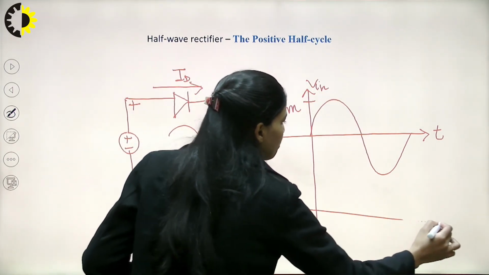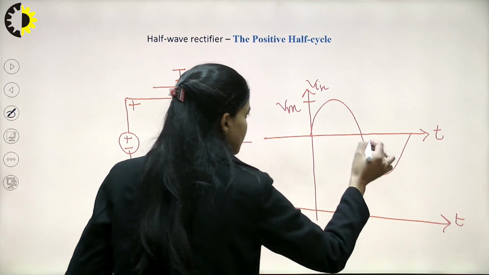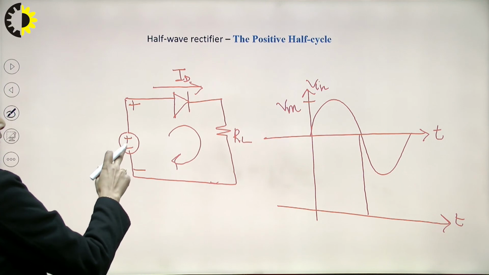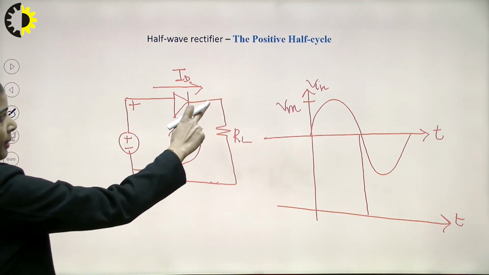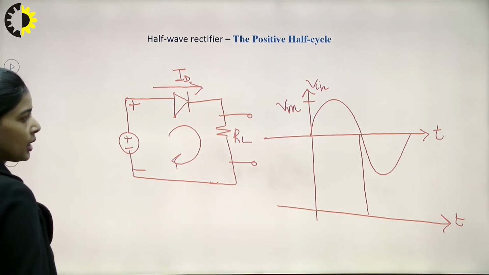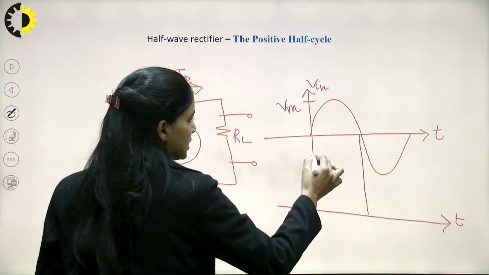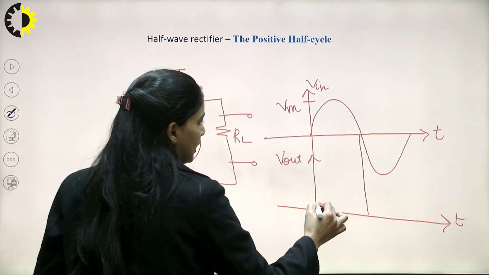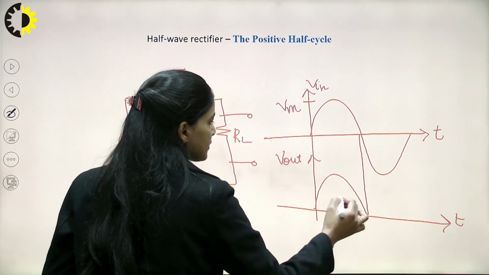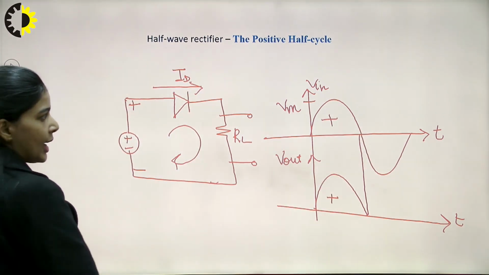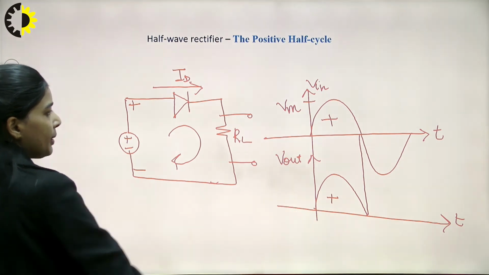Then at the output side, when the input is positive, the diode is forward biased and we get the corresponding output across this load resistance. If I draw this output voltage, we get the positive cycle of the input. So, in that way the positive cycle will appear.